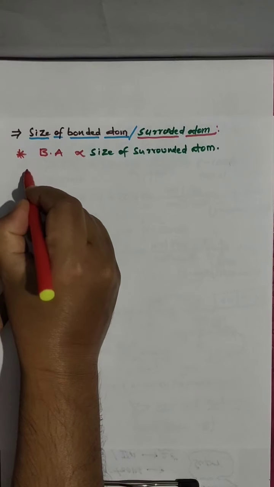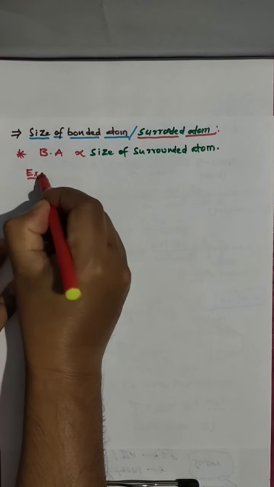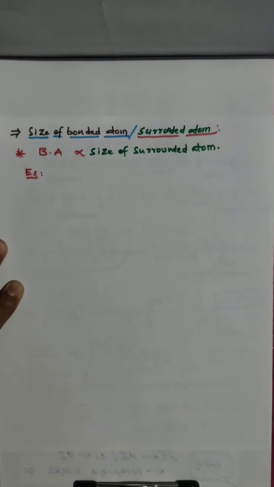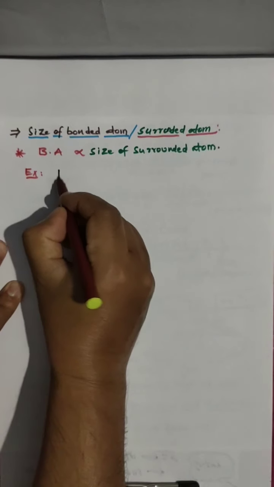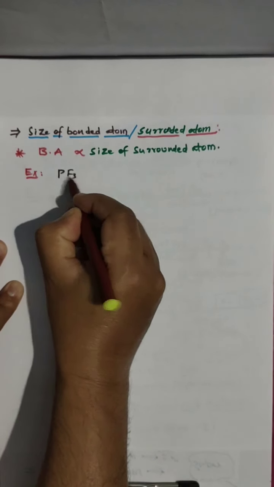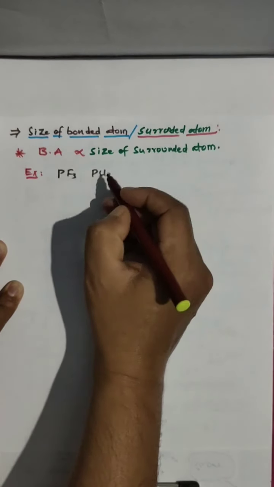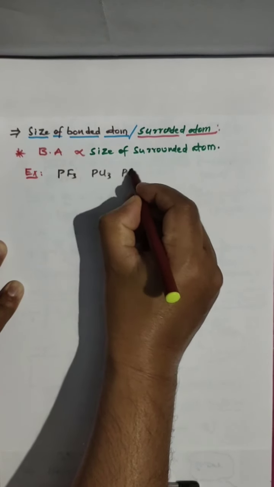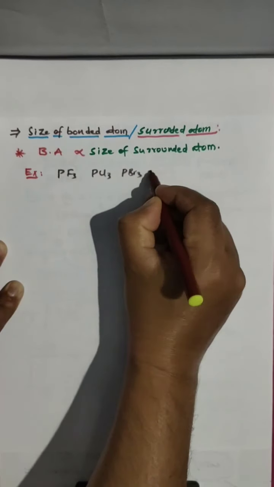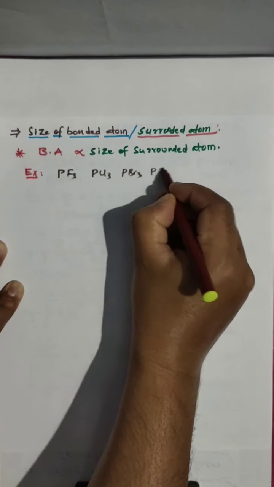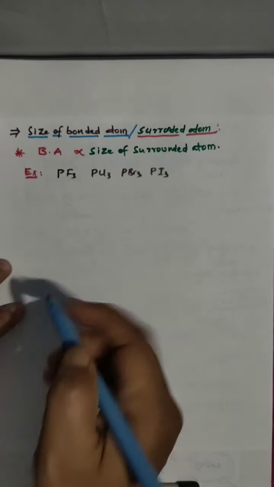Here I am giving an example for this, and I will take PF3, PCl3, PBr3, PI3: phosphorus trifluoride, trichloride, tribromide, triiodide.